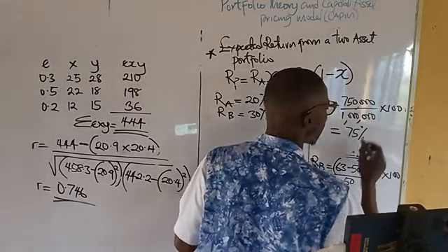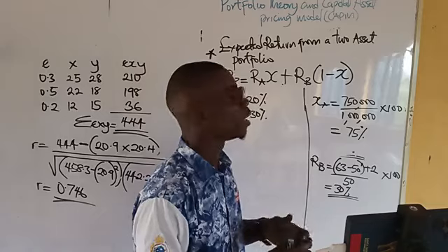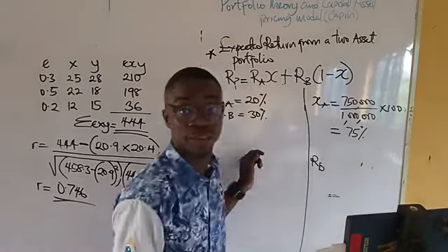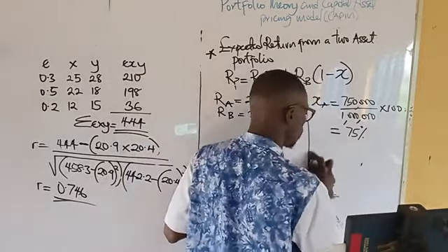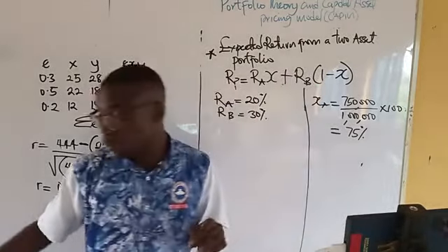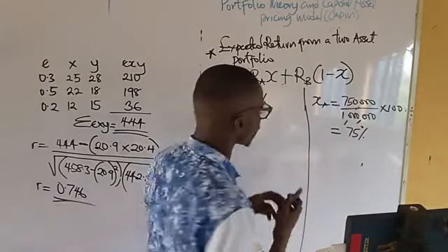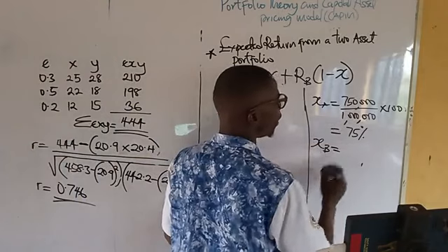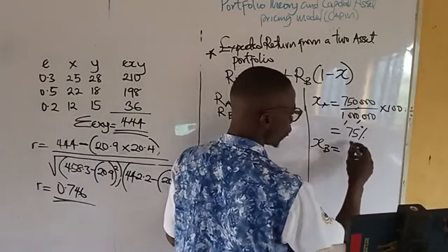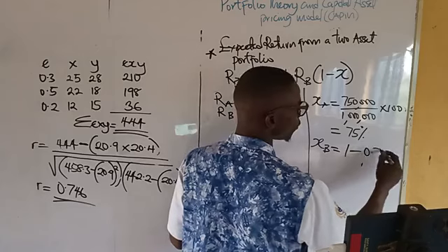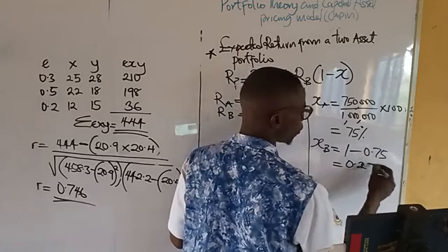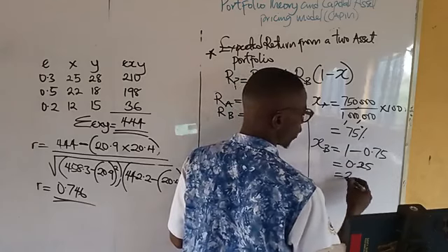So if 75% is invested in A, you already know that because it's two investments. If it's more than two, you need to use a different formula to calculate that. Look at it now. If it's to get the proportion of investment in B, you just say 1 minus what? 0.75. So that will be 0.25. That's 25%.